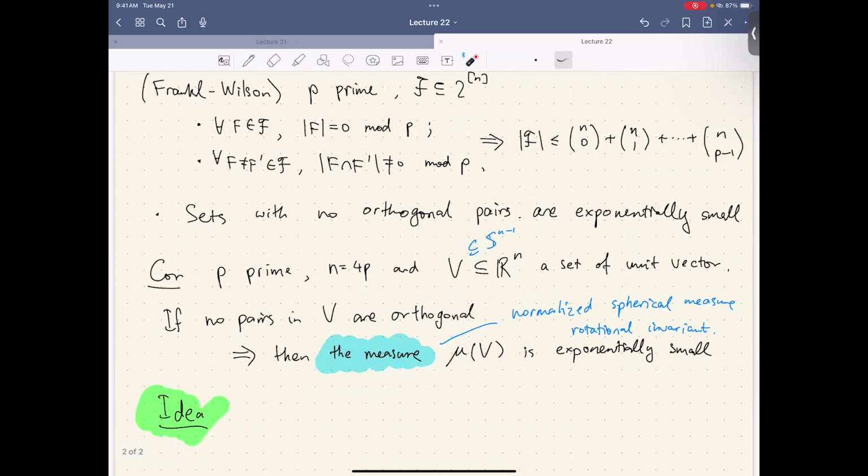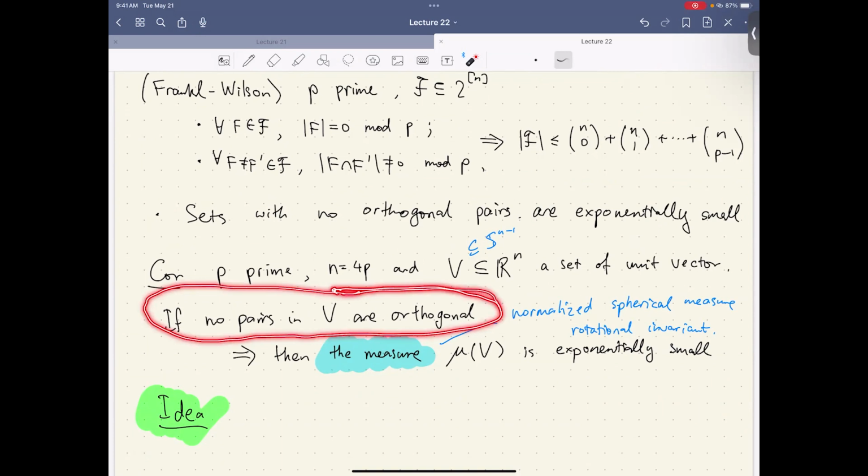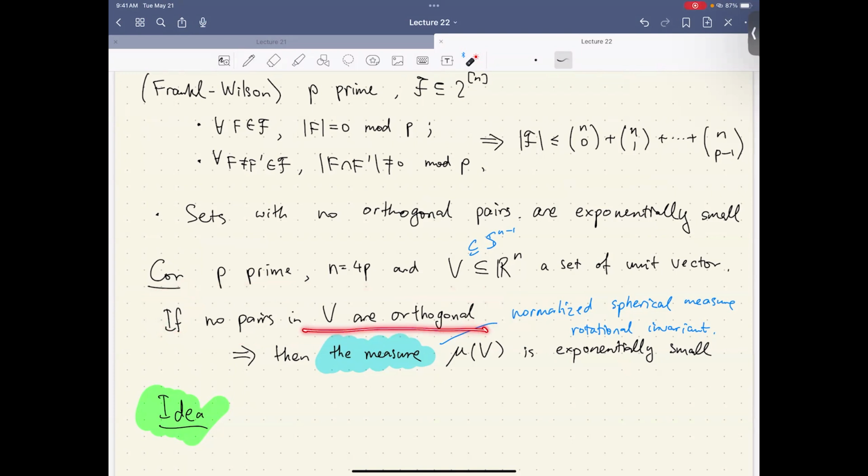So if somehow we can construct some sets as an observation group to compare to V, such that orthogonal pairs in this observation group correspond to these forbidden size sets.